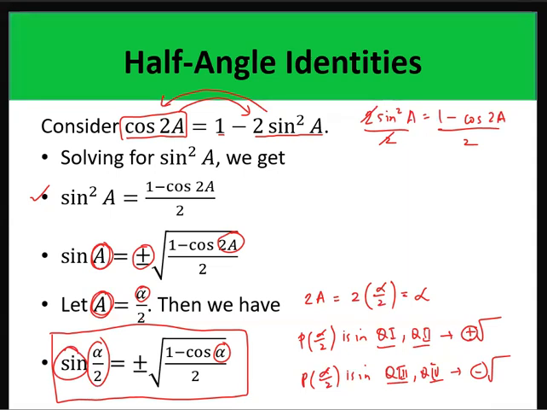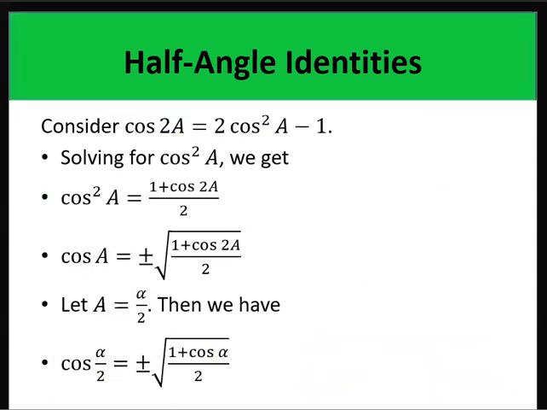Now, for cosine of alpha over 2, again, we have to use the double angle identity for cosine, but this time we have to use the formula 2 times cosine square of angle A minus 1. And then we're tasked to solve for cosine of A. So to solve for cosine of A, we will transpose negative 1 to the left side.